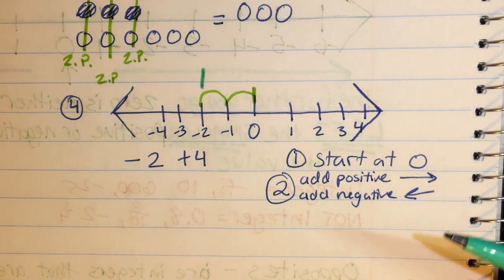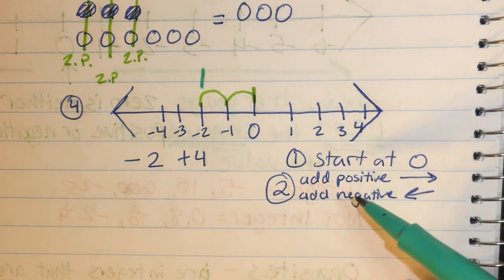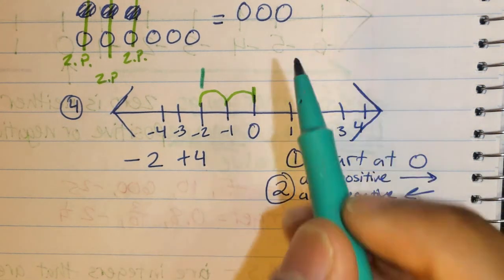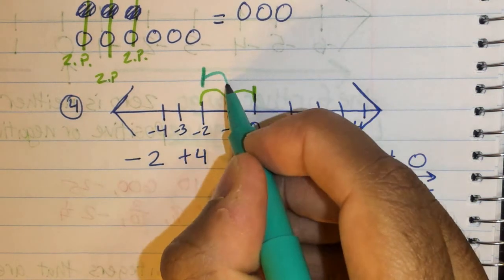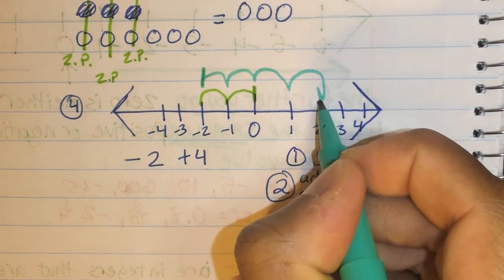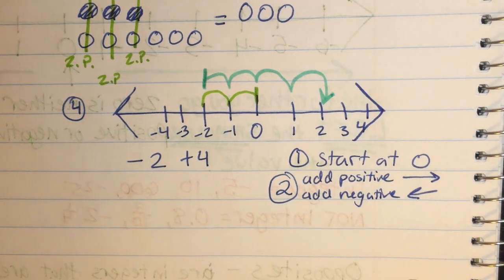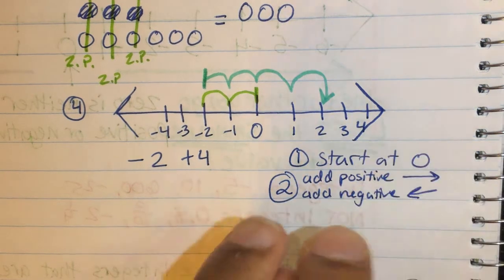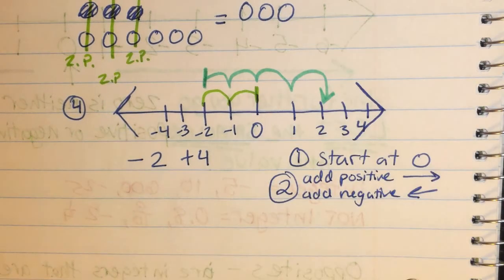And now I'm going to move 4 spaces, and we're going to go to the right because we're adding a positive number. So I'm going to move 1, 2, 3, 4. So if I move 4 spaces to the right, we end up on 2 as my answer.